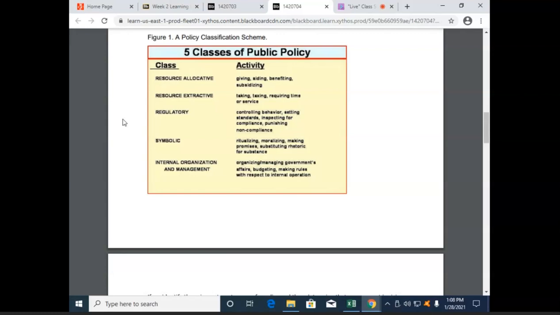Well, it allows us to make comparisons among individual specimens, let's say, if we can consider a policy a specimen, right? Comparisons and contrasts. We can derive some general notions about how this class of the thing is different than this class, or is the same, etc. Okay? It's no different in the study of public policy. It brings some order to our thinking about public policy.